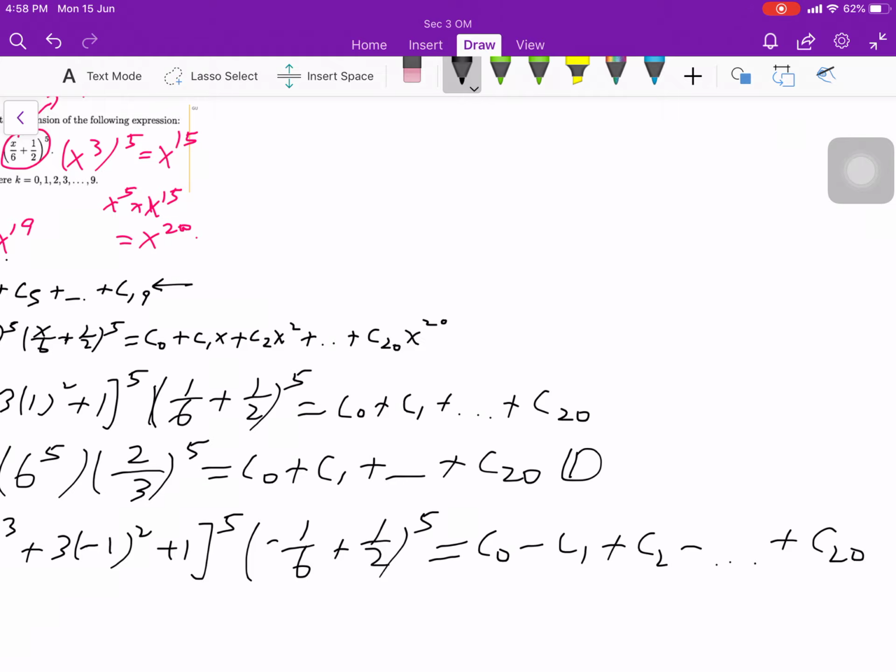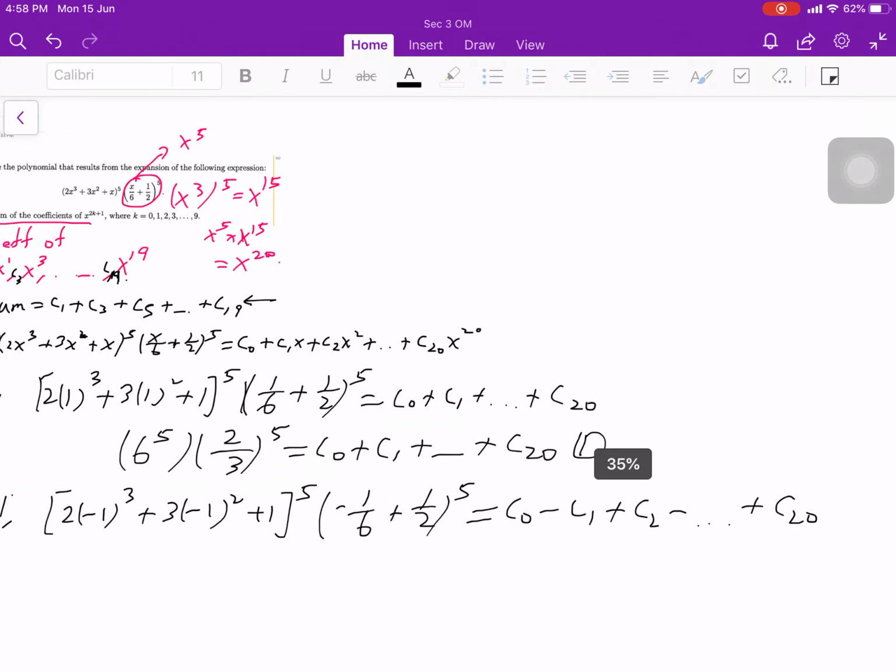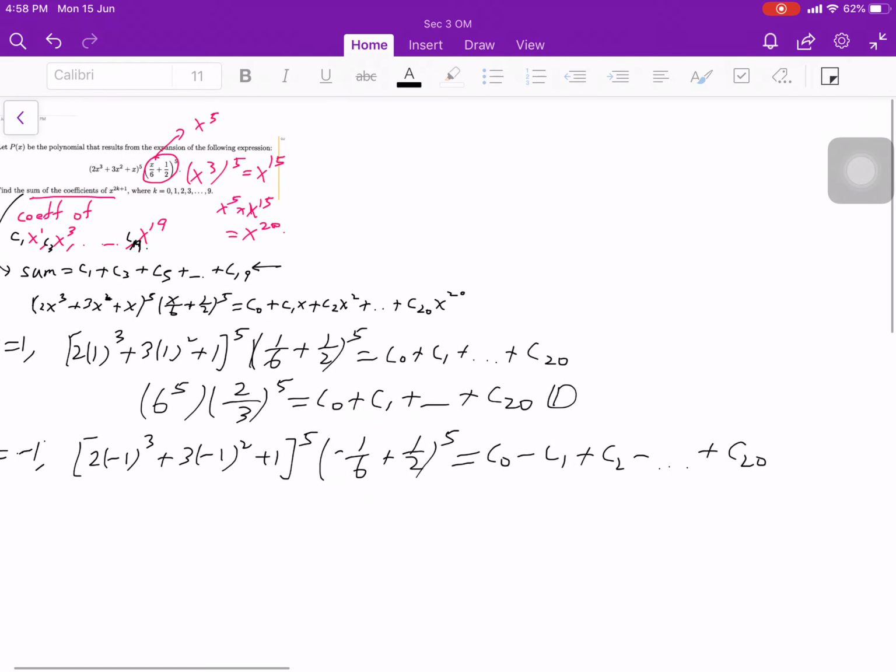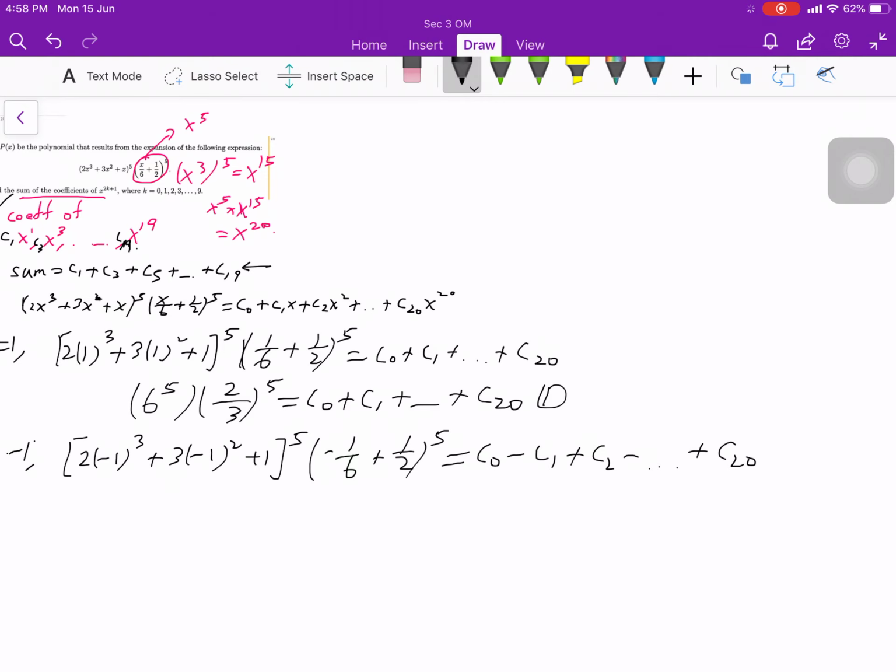Okay, let me shrink it down so that you can see the whole thing, right? I'm going to call this equation 2. Let me simplify before I call it equation 2. In this case, what do I get?